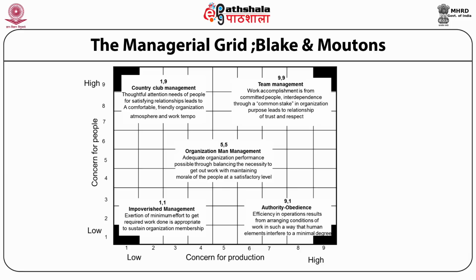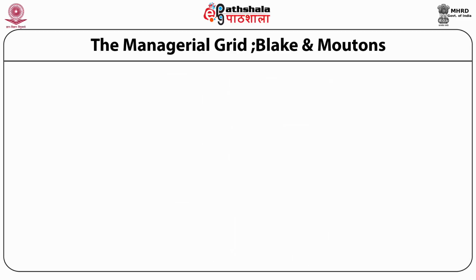While if the concern for production and people is both high, this is called team management. Now, when the manager shows mediocre concern for both the people and production, it is called the organization management. Let us just study these combinations in a little bit of detail.